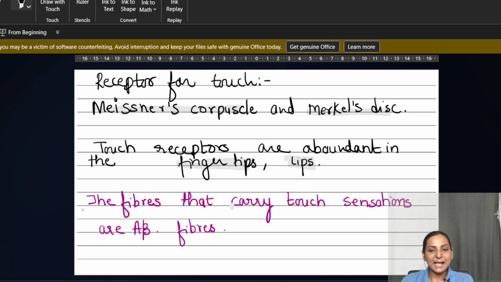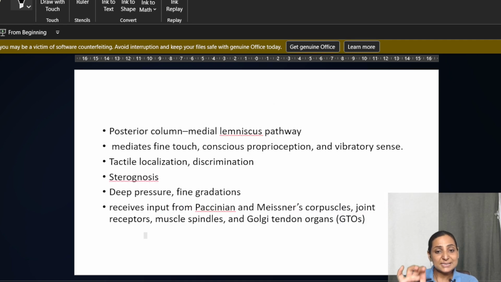The fibers that carry the touch sensation are A beta fibers. So whenever you are explaining any pathway, for example, this is touch, start from the receptor and the nerve fiber. Like for pain, it will be what? The pain will be carried by free nerve endings and A delta and type C fibers. Now coming on to the sensations that this tract is carrying.